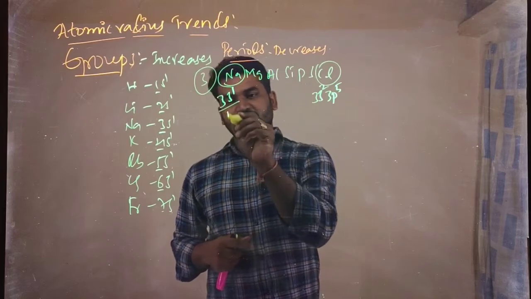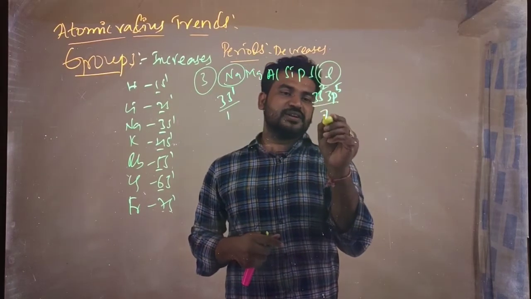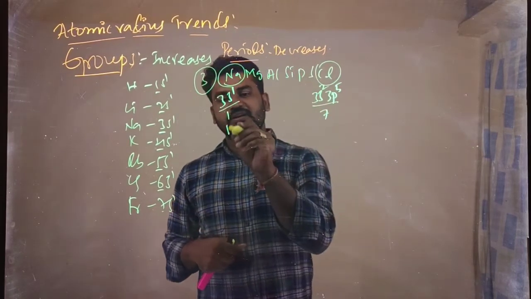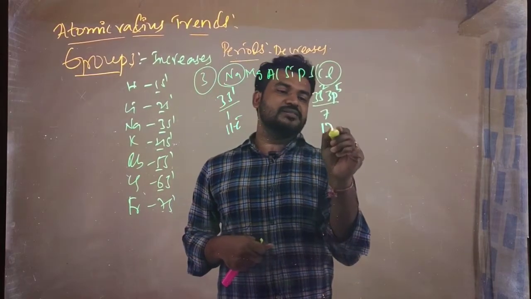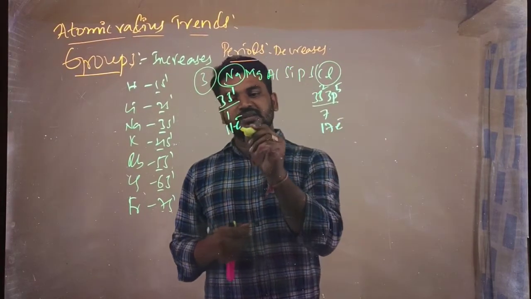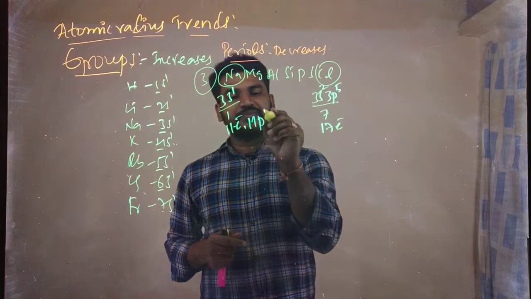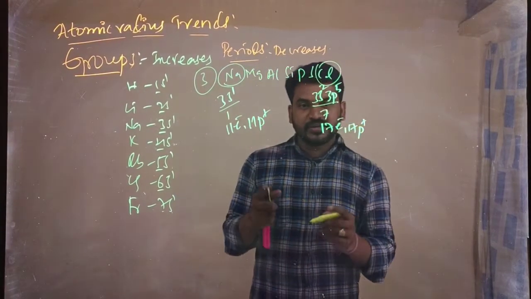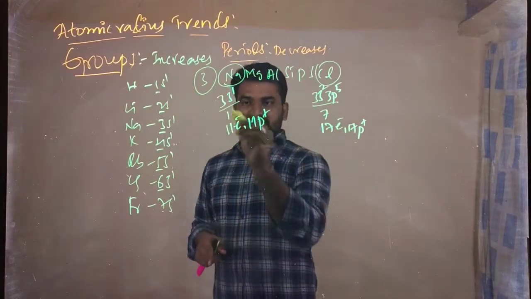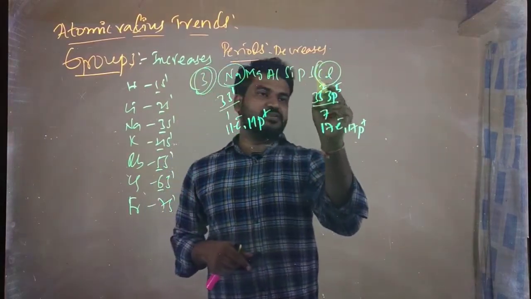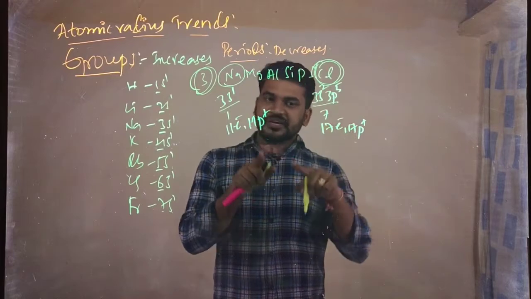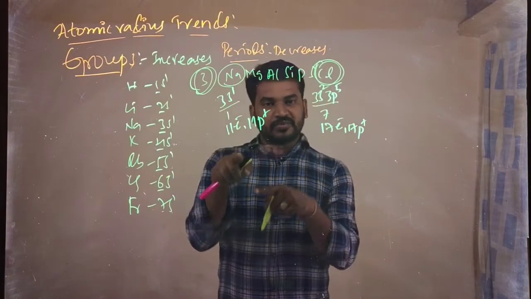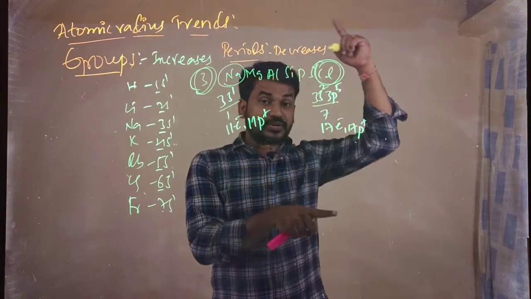In the valence shell there is only 1 electron here, and 7 electrons there. Totally there are 11 electrons here and 17 electrons there, which means 11 protons here and 17 protons there. That means sodium and chlorine both have the third shell, and within the same shell, sodium has 11 protons but chlorine has 17 protons.